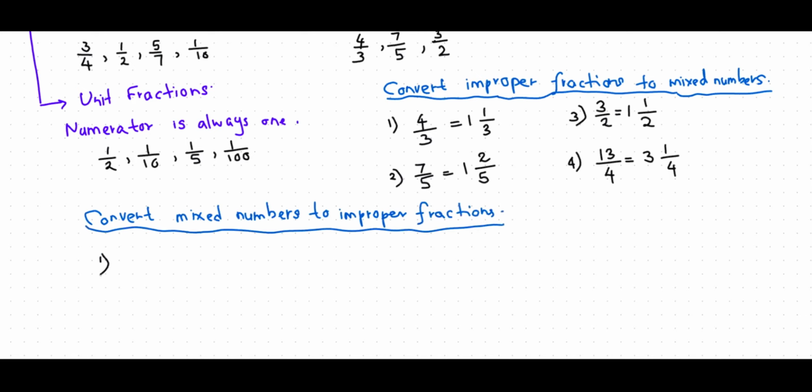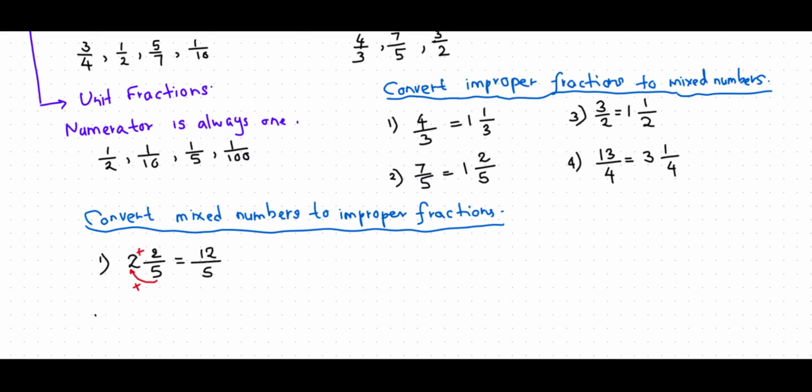I will take 2 and 2 over 5 as a mixed number. Start from the denominator. Then 5 times 2, 10. Add the numerator. 10 plus 2 is 12. 12 over the same denominator. 12 over 5.